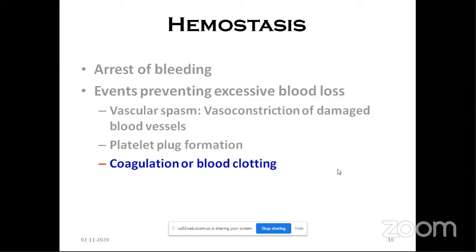This process is the most complex process, which involves at least 30 clotting factors, out of which 12 are important clotting factors, and they were provided Roman numerals as numbers in order of their discovery.